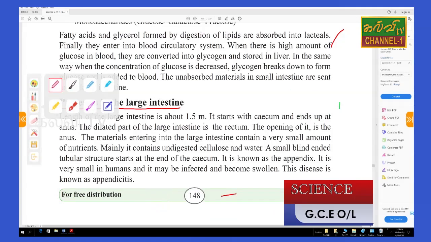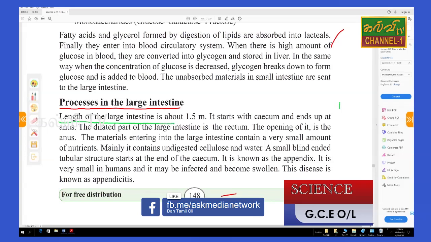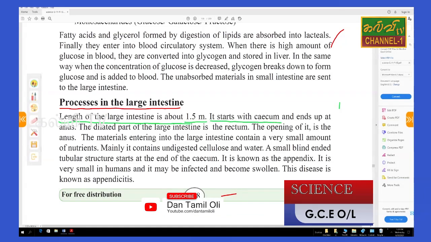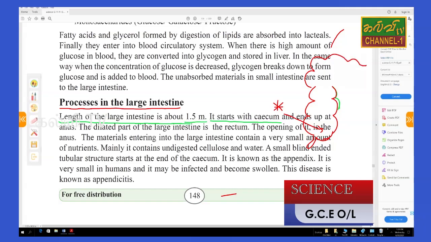It is mentioned here that the length of the large intestine is about 1.5 meters. It starts with the caecum, the initial part near the appendix area. The large intestine goes on and the rectum comes here.